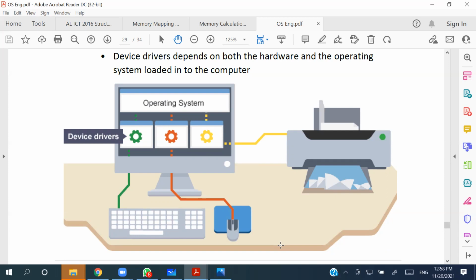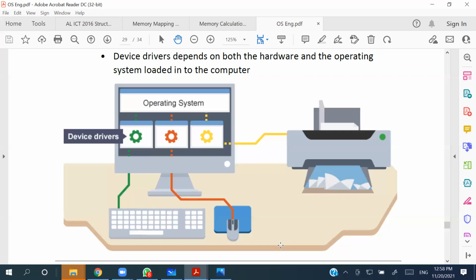We are not installing any device drivers ourselves; the device itself, or the operating system with the help of the device, gets the drivers installed.